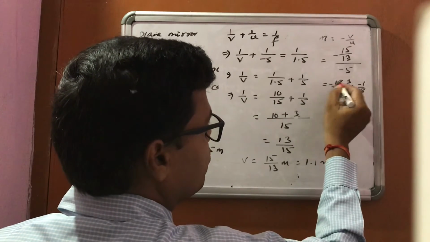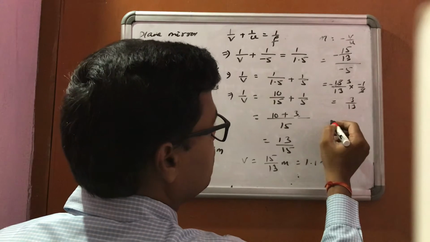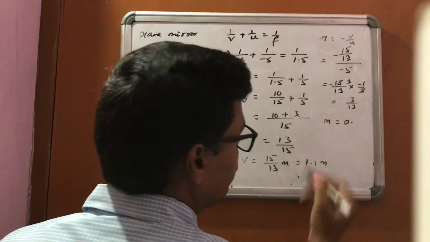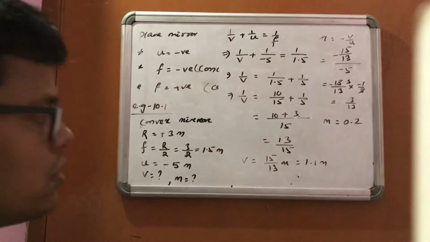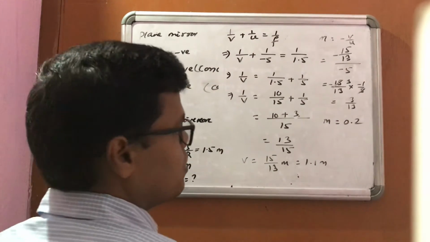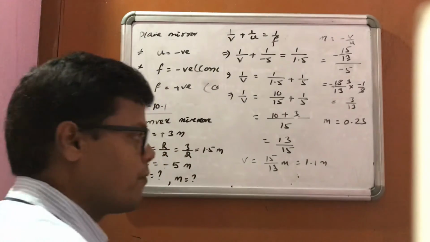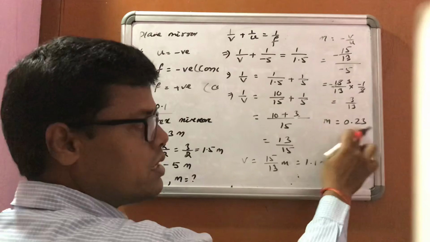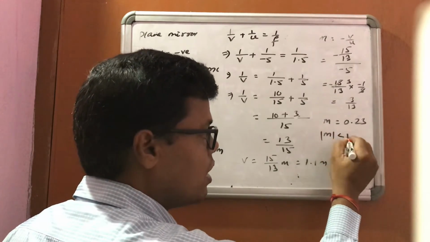Minus minus is there, so it is 3 by 13. So magnification is equal to 0.23. It has no unit. Look at here, magnification is positive and it is less than 1.